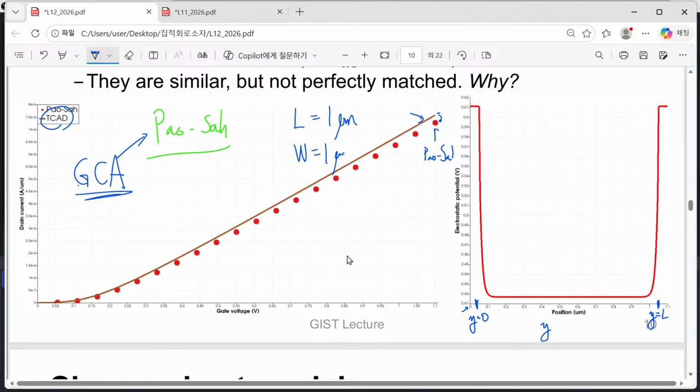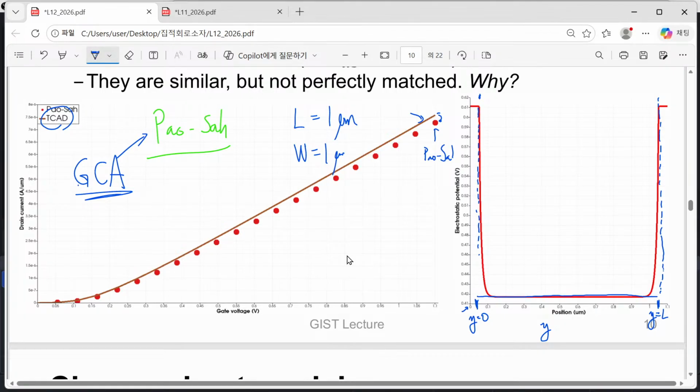So simply speaking, in a real device, this is the region assigned to our channel, and what we have assumed in our model evaluation, the Pausa integral, is that everything is just homogeneous till the end of y equal to L.